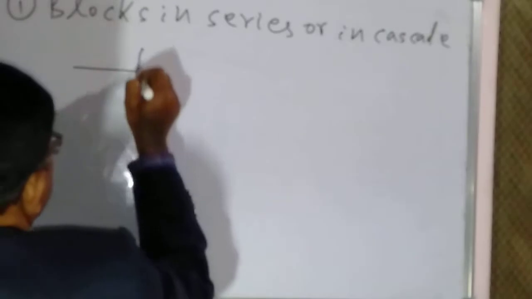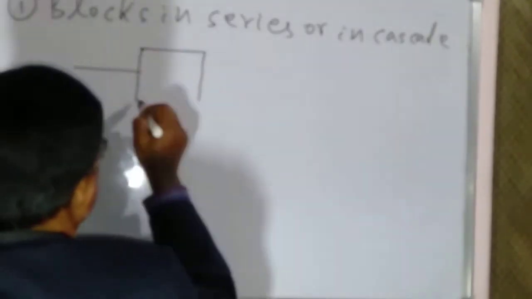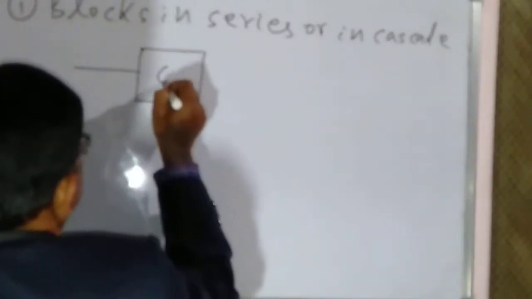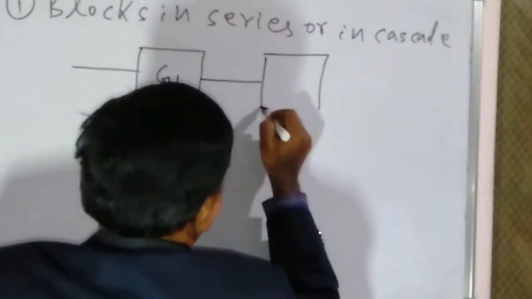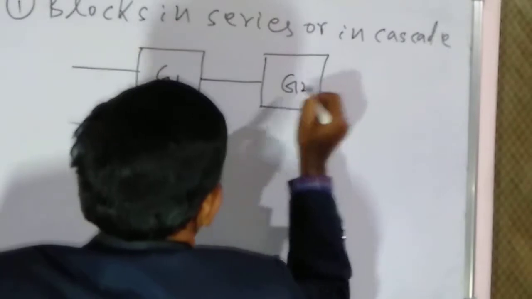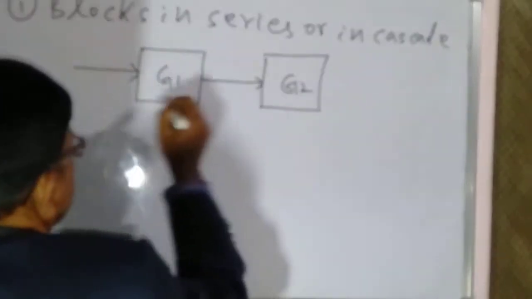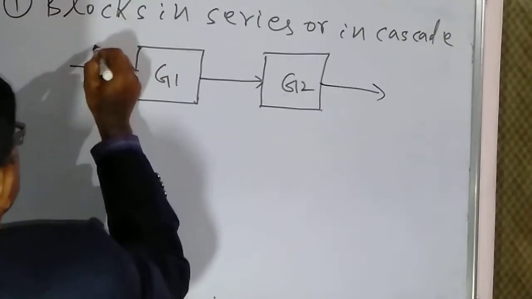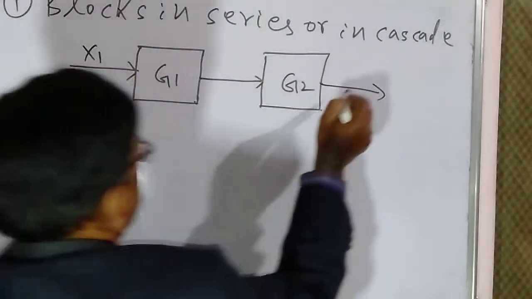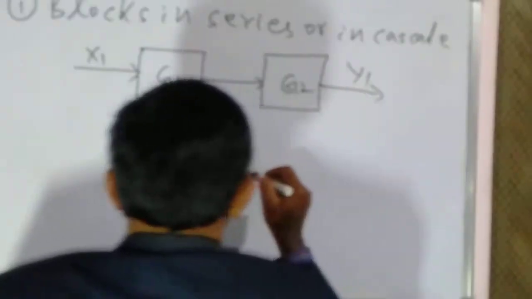Let us assume that these two blocks, G1 and G2, are connected in series. Let us assume that this is your X1 and this is Y1.